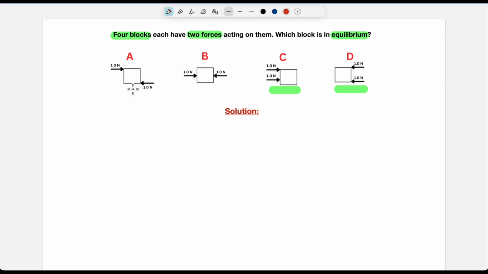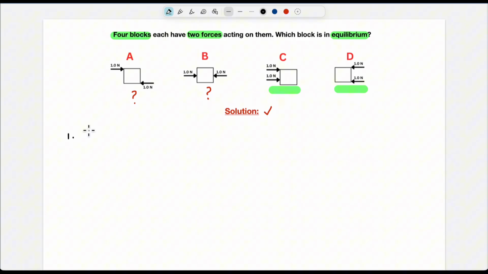We are left with options A and option B because we cannot directly say if they are in static equilibrium or not. We need to do some extra checks to make sure they meet the conditions of static equilibrium. For a rigid object such as this block or any of these blocks sitting and being acted upon by 2 forces, 2 conditions must be met.